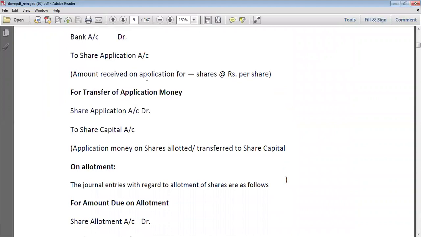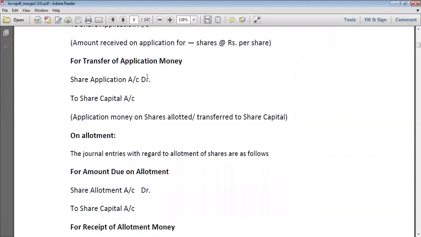Now we have already discussed that the company will not maintain a separate account for each shareholder because there is a huge number of shareholders in every company, and it is not possible for the company to maintain different accounts for the different shareholders. That's why the company will maintain only one account, that is share capital.